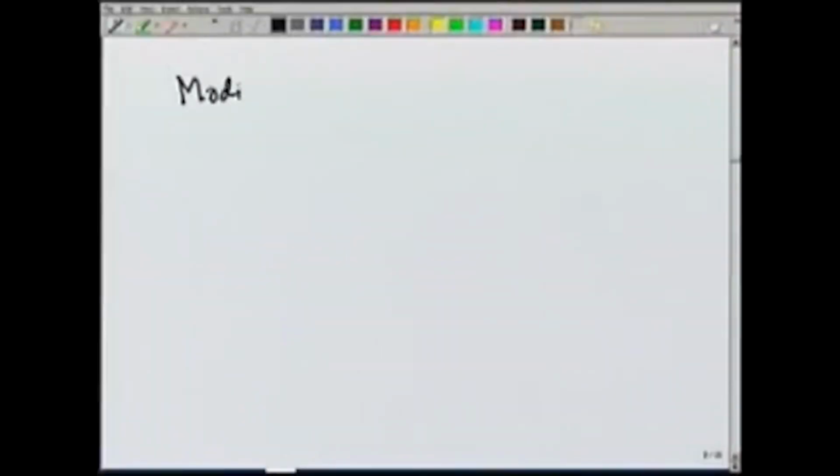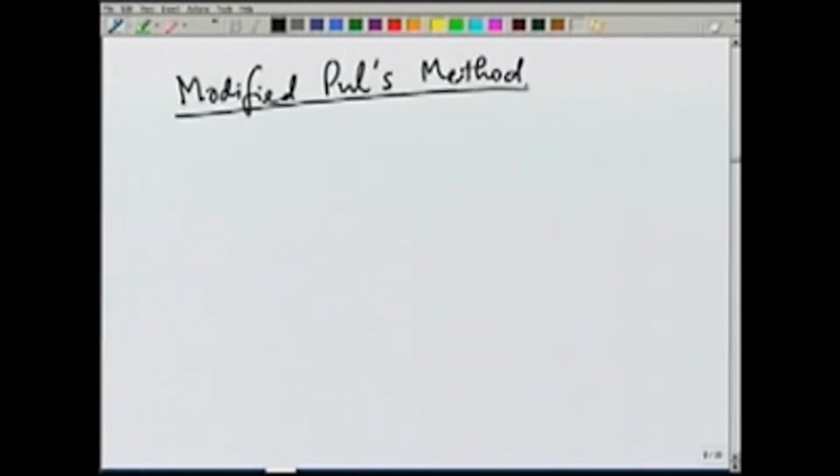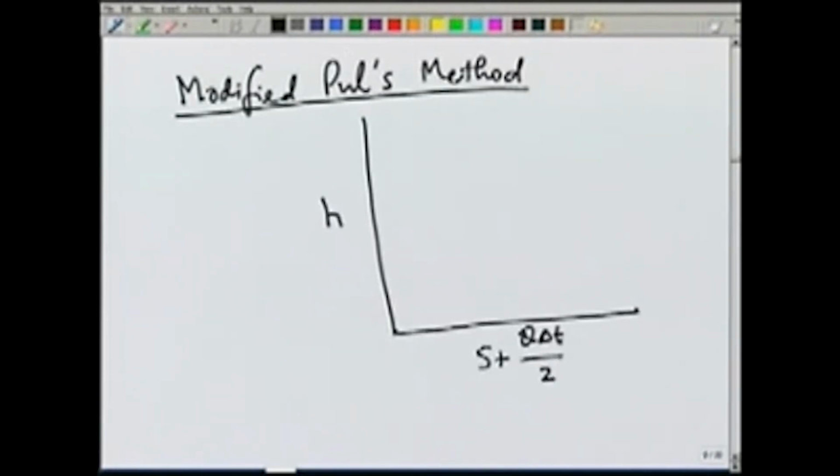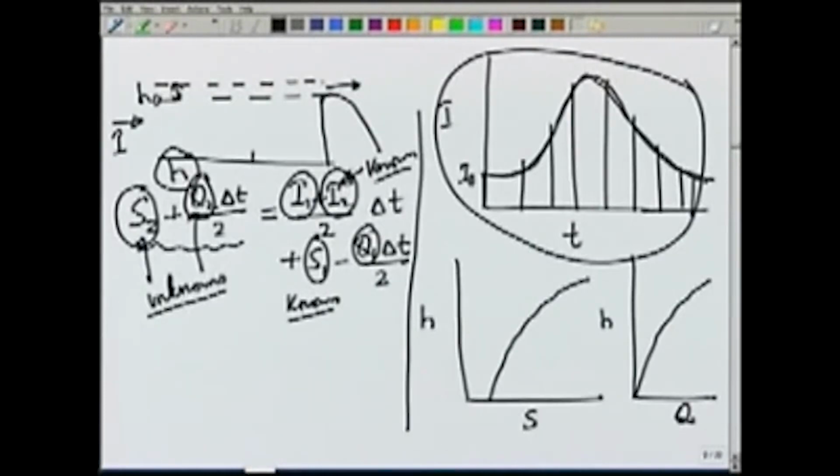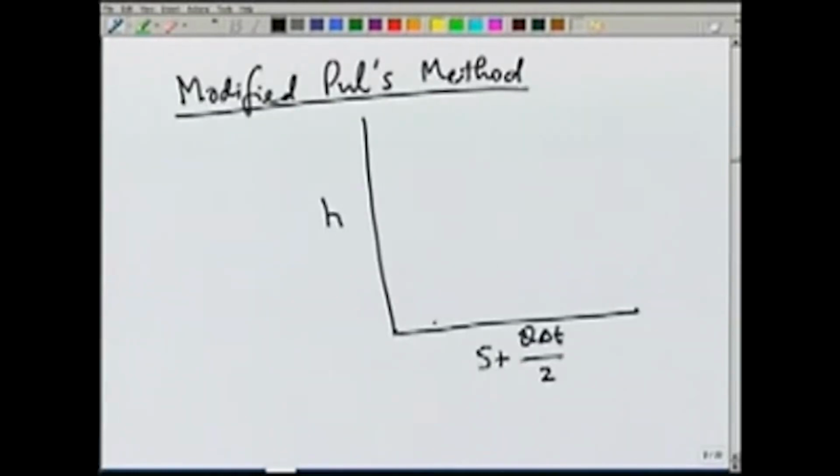The commonly used method, called the modified pulse method, looks at plotting the curve in a little different form, so that we are plotting S plus Q delta t by 2 versus H. If you look at this equation, the term S plus Q delta t by 2 will be a function of H, because both S and Q depend on H. The plot of S plus Q delta t by 2 would look like this.